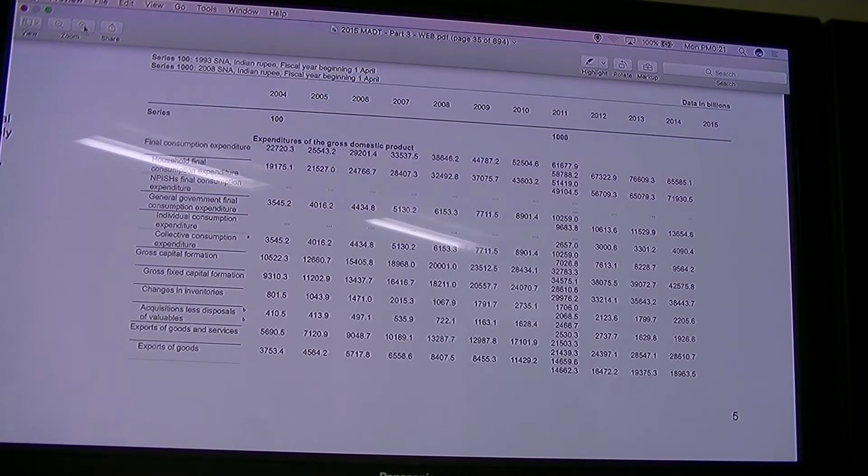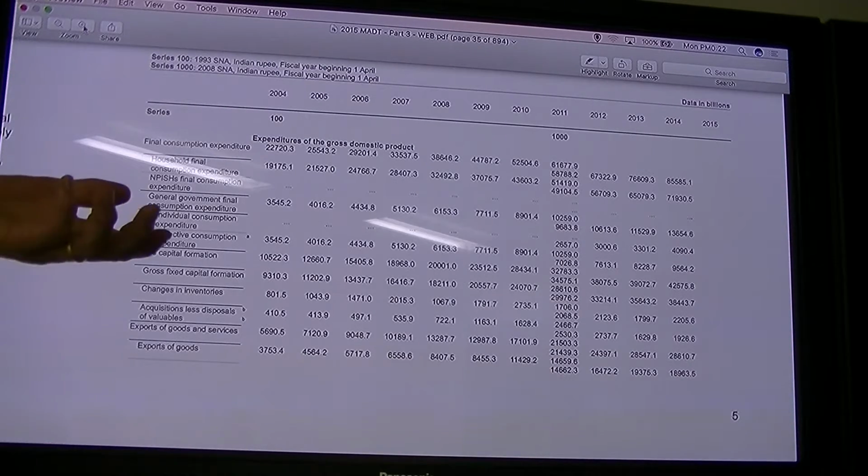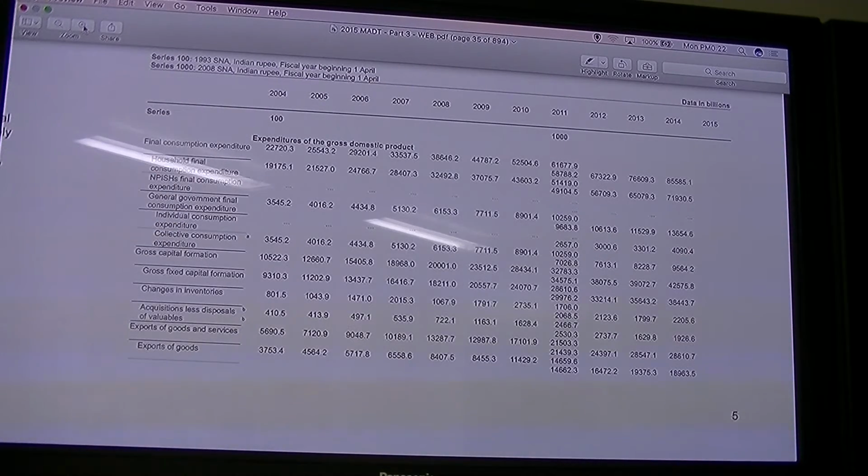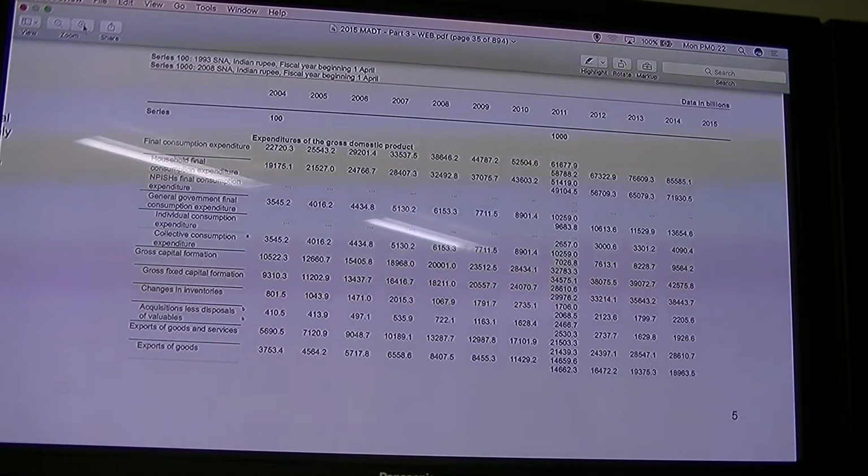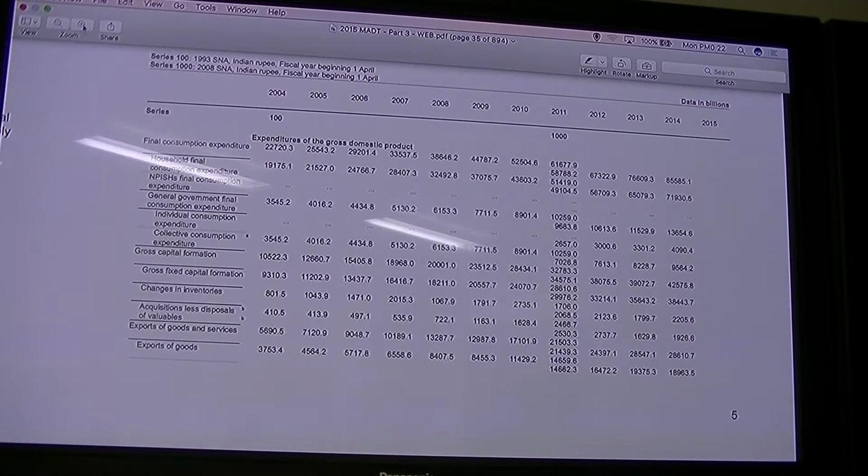A lot of it is just people buying gold, something with zero return. So the value to society in terms of increasing the productive capacity of the country is zero.